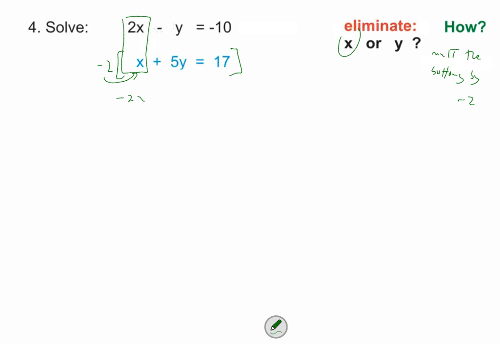Distribute: -2x, -10y. Again, if you know what you're doing, you can do it. You don't have to look and copy numbers. You're doing it yourself. And hopefully -34, right? Don't forget to distribute all the way through.